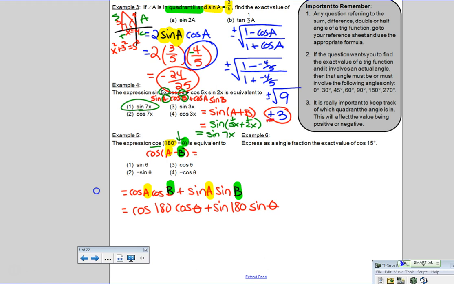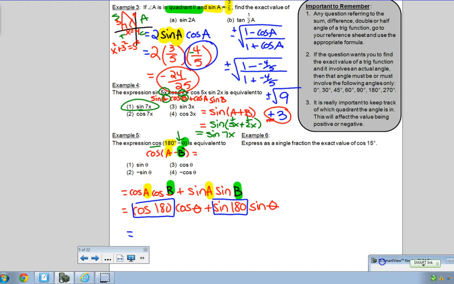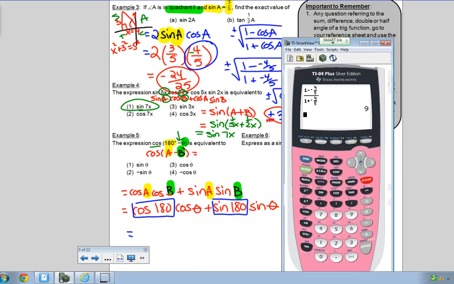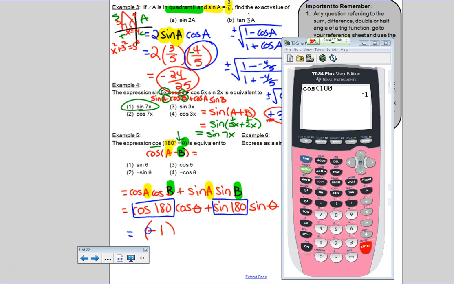Because the cosine of any angle that lands on a multiple of 90 can actually be calculated using the calculator. So we can find those two out using our calculator. Type in cosine of 180. And we have -1. So this is going to be -1 for that box.